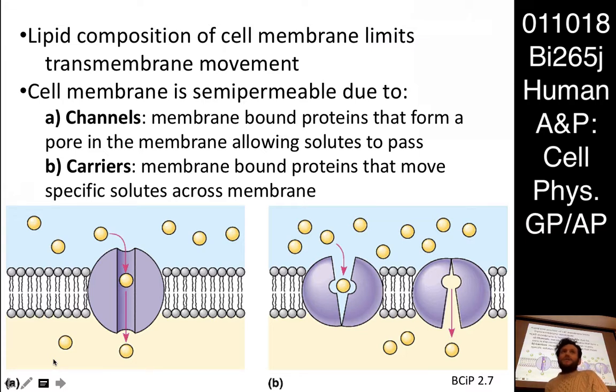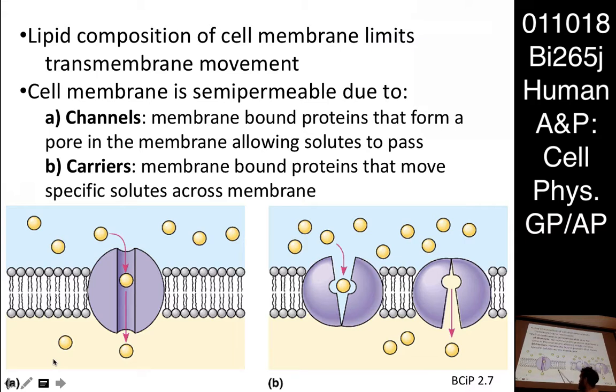Because a cellular membrane, a plasma membrane, is made up of lipids, it's going to inhibit the passage of polar water-soluble solutes into the cell readily, right? Say you have some molecule that likes to be dissolved in water.